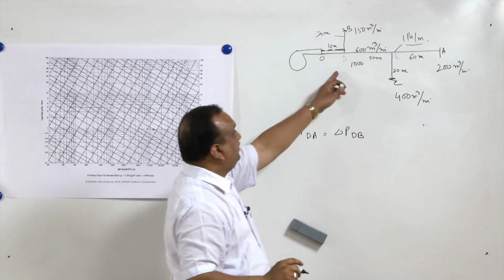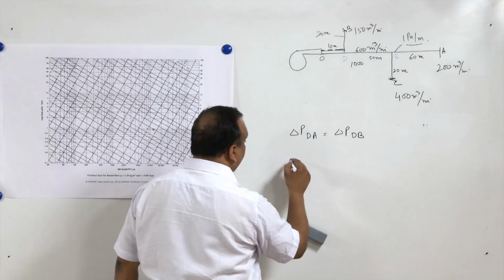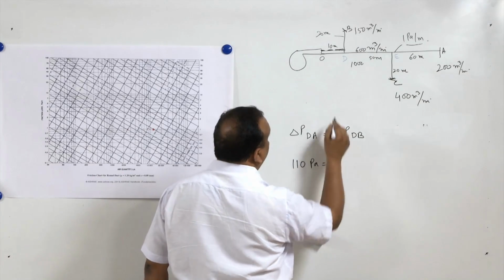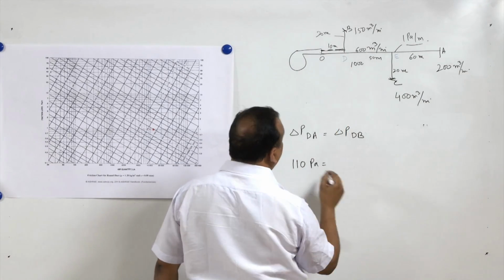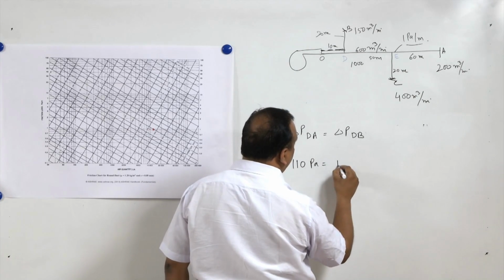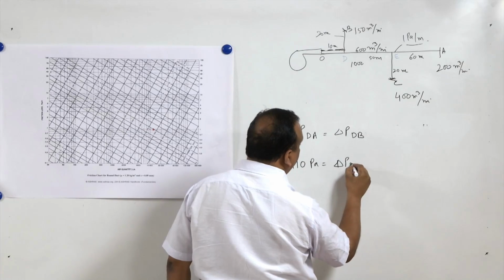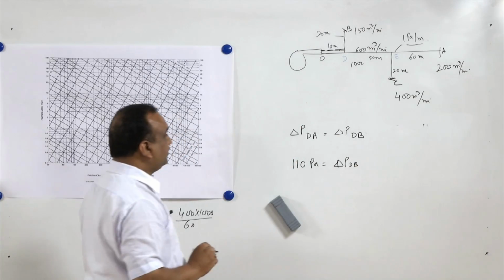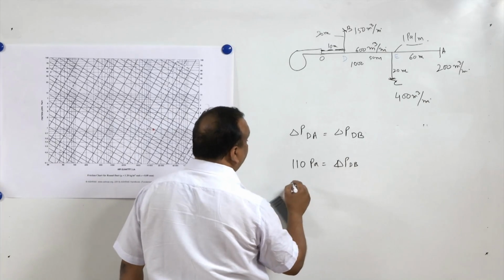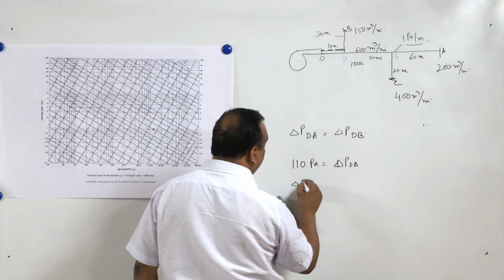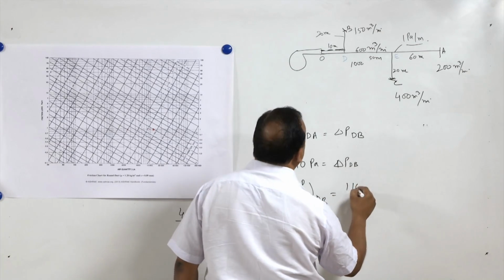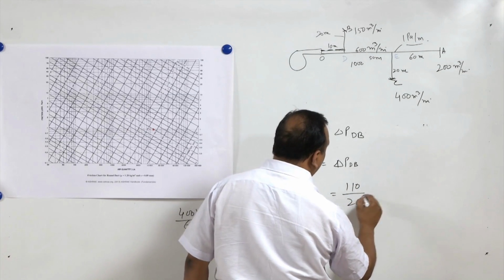Now delta P between dA is 110 Pascal, and delta P between dB should be equal to that, and then we can say that the per unit length pressure drop, delta P by L for dB, can be 110 divided by 20.